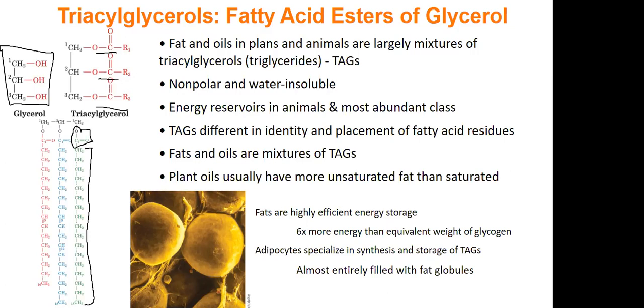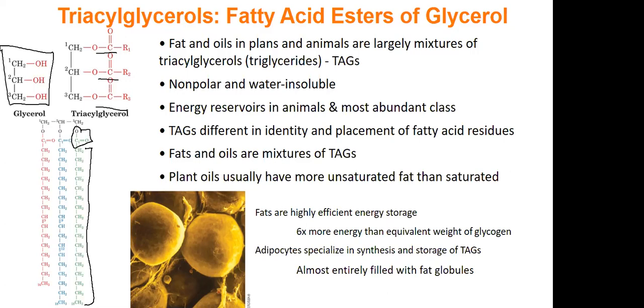You're always going to have variable tail lengths. When you go to the store and buy olive oil, that is not one type of fatty acid. You have different tail lengths as well. Plants usually have more unsaturated fatty acids than saturated. That's why it's a liquid on the store shelf, while beef fat, lard, is a solid, right?